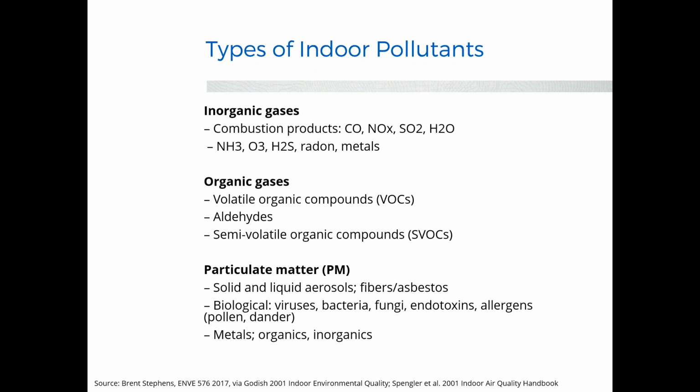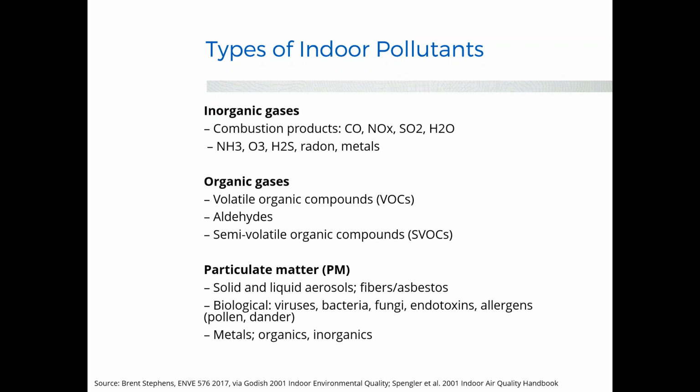So to begin, we have different types of indoor pollutants in the built environment. Typically, these are categorized as either gas phase or particle pollutants. The gas phase pollutants can be further broken down into inorganic gases and organic gases.